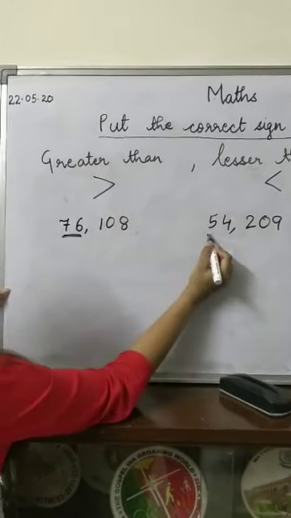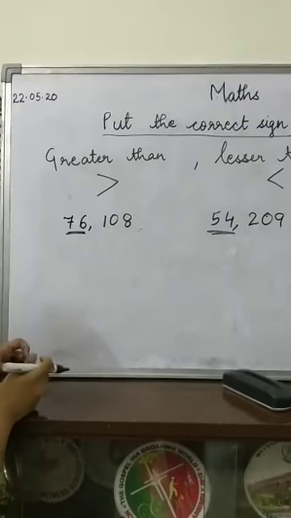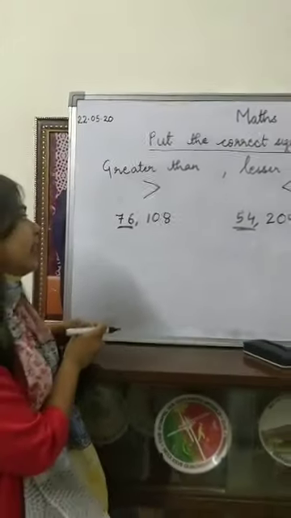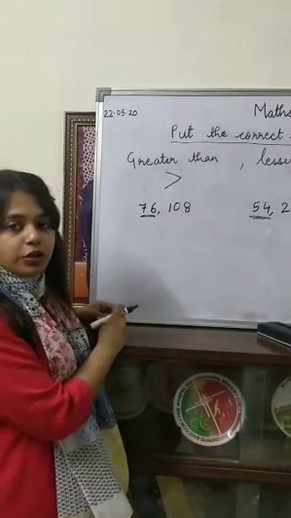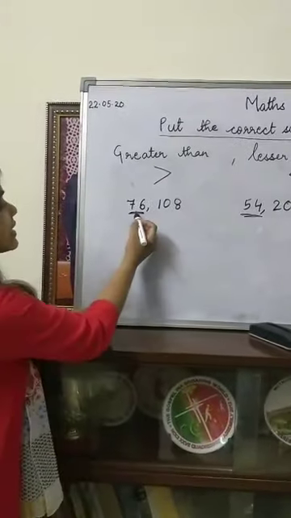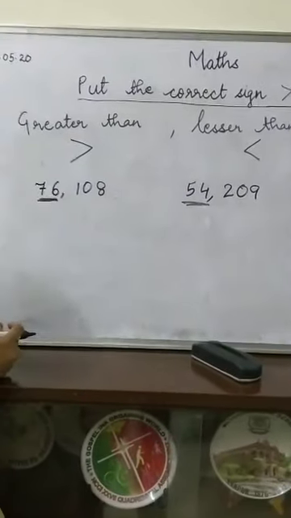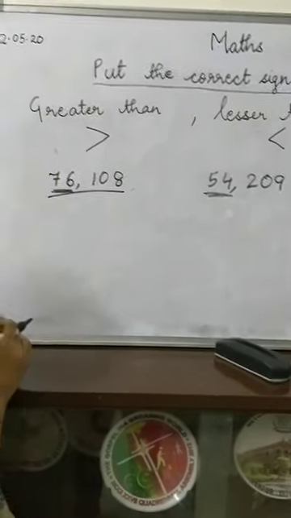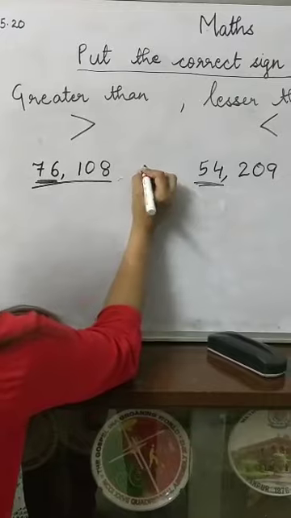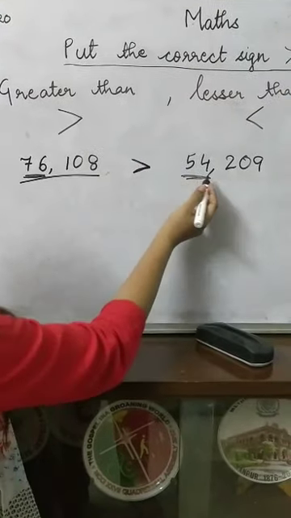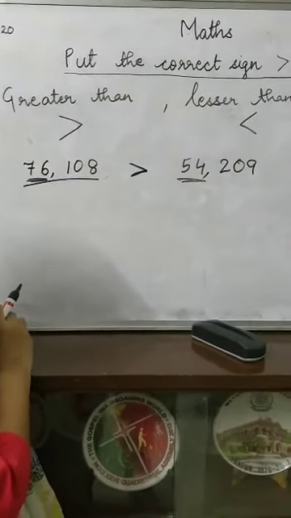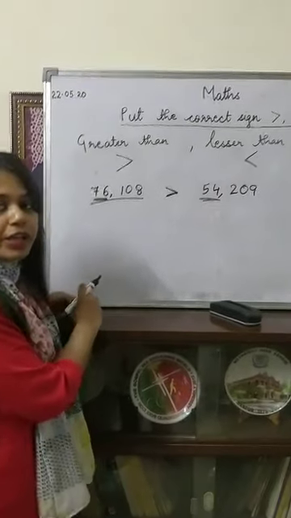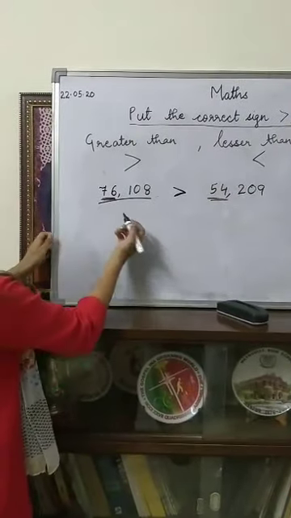You will see 76 and 54. So according to you, which number is greater, 76 or 54? Yes, 76 is greater than 54. That means this whole number 76,108 is greater than 54,209. Right, boys?